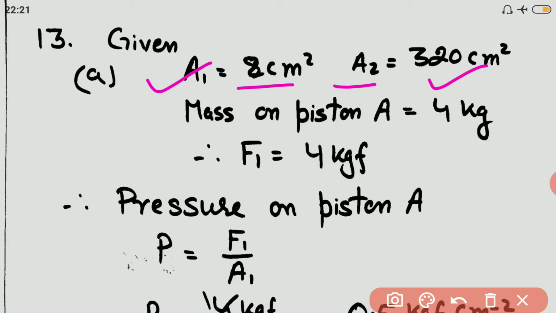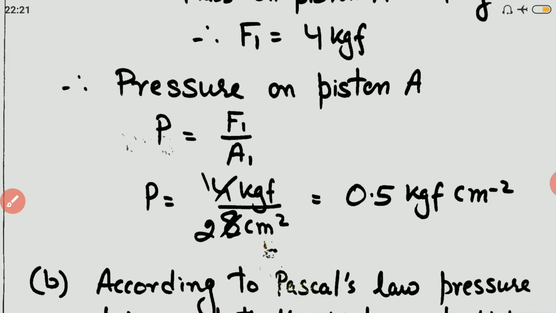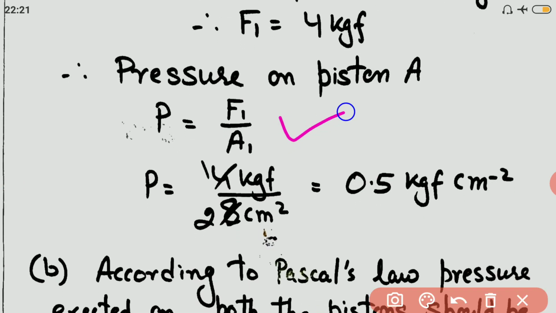Mass on piston A was 4 kilogram, so obviously the force will be 4 kgf, because if I put a g here, it will change into weight. Therefore pressure on piston A will be F1 upon A1. Replacing the values of force and area, we get the pressure as 0.5 kgf per centimeter square.